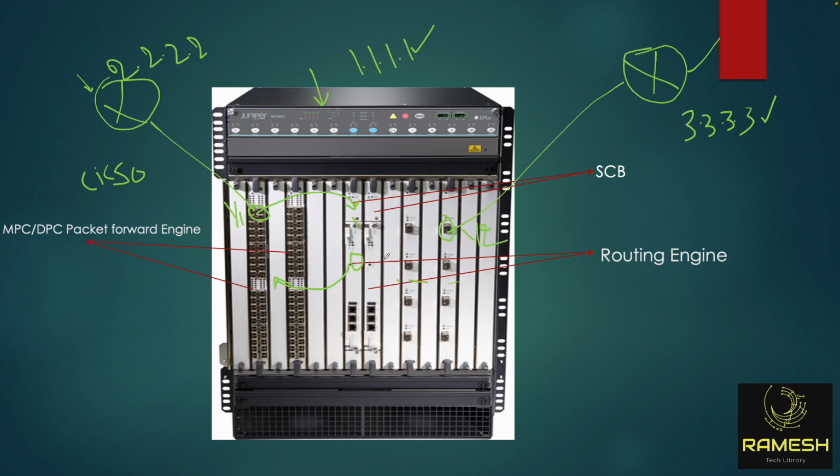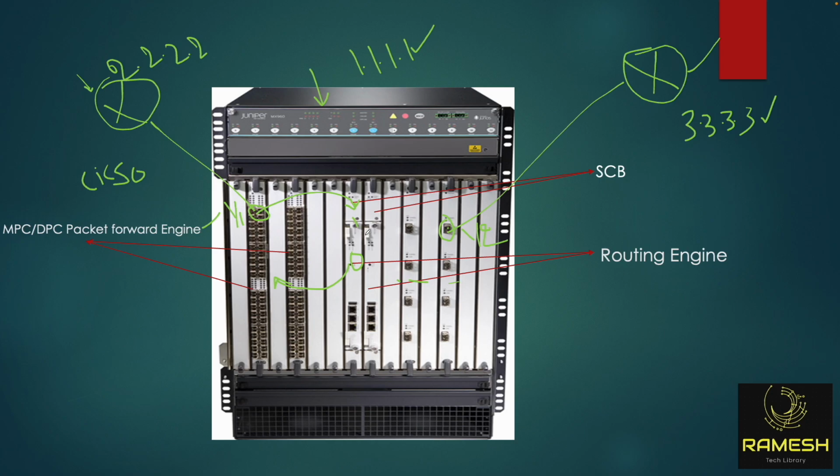So if any transit traffic is hitting this device, it will do route lookup at the PFE level only and forward the packet to the next hop through a different line card interface, wherever it is connected. If the traffic is destined to your device, it will send the traffic to the routing engine. That is called exception traffic.